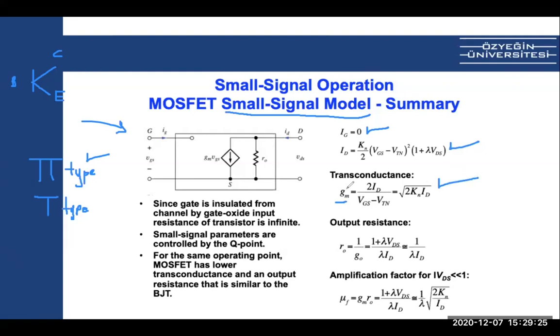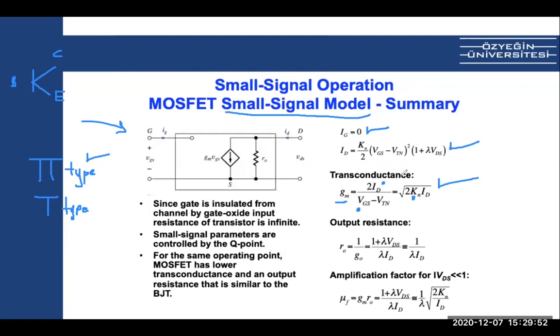And GM, I can tell you, hey, we are keeping the current the same, but we are changing the input voltage. How does GM change, for instance? Or I can tell you, hey, we are changing the width and we are keeping the current the same, okay?